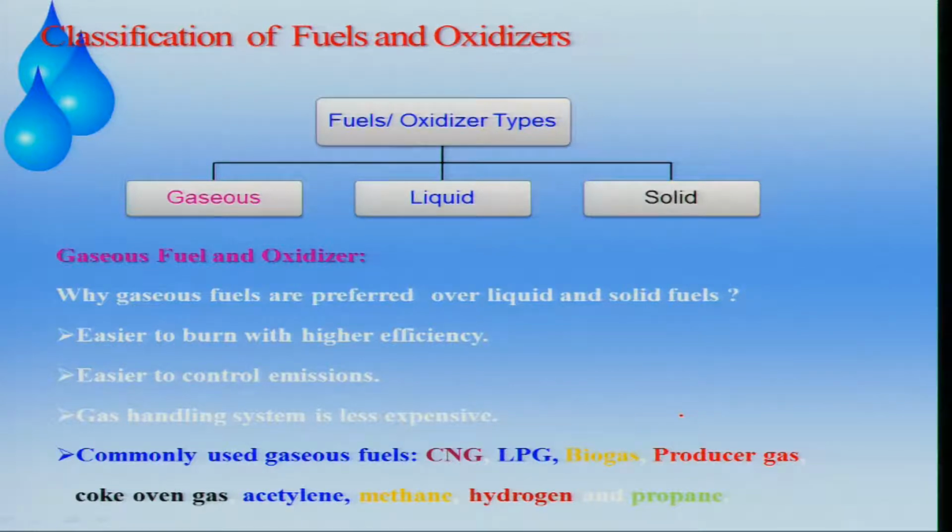You will be surprised to know that most automobiles were being run using producer gas before the Second World War. And coke oven gas comes from the coke oven furnace; acetylene, methane, hydrogen and propane we also use.